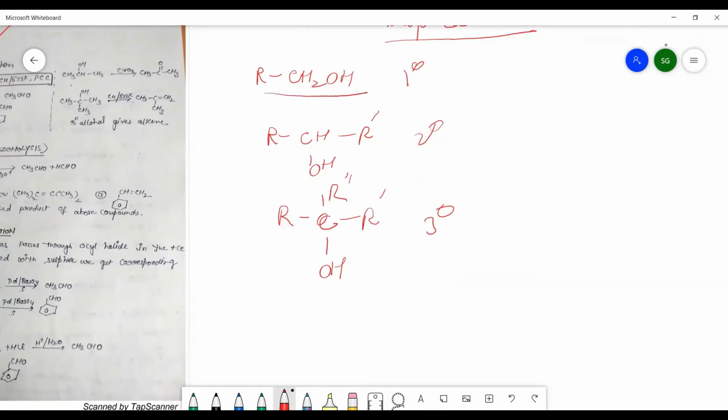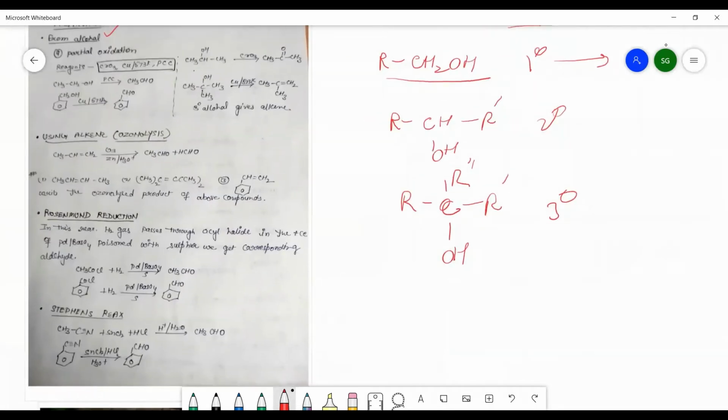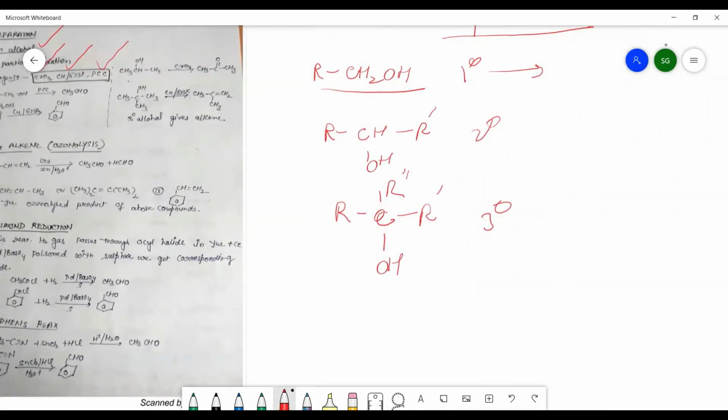In primary alcohols, whenever we do the partial oxidation, you may use three reagents: chromic acid, copper at 573 Kelvin, and PCC. PCC is pyridinium chlorochromate. So these three reagents are responsible for the partial oxidation, and the primary alcohol undergoes formation of aldehyde because a terminal OH is present here.